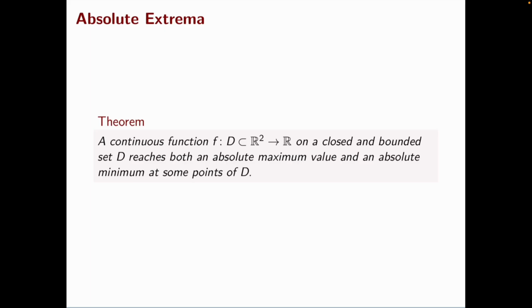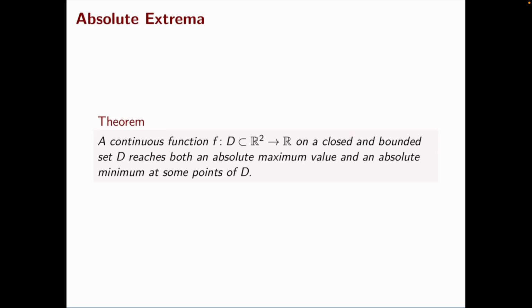But also, when we have that the function is defined in a closed and bounded set D, we have that this function necessarily will reach an absolute maximum and an absolute minimum at some points in the domain.